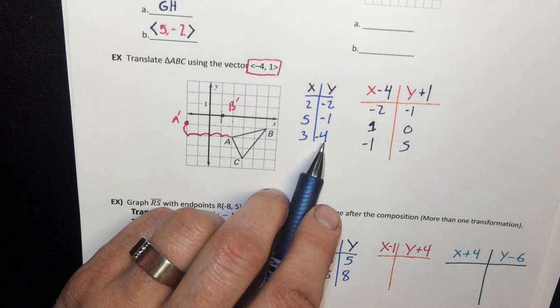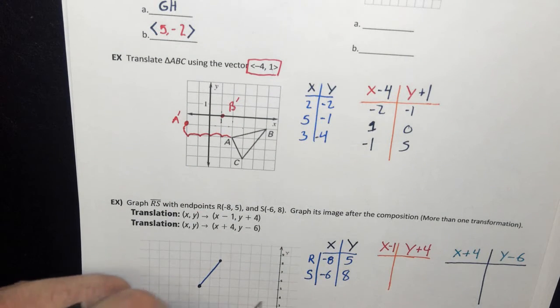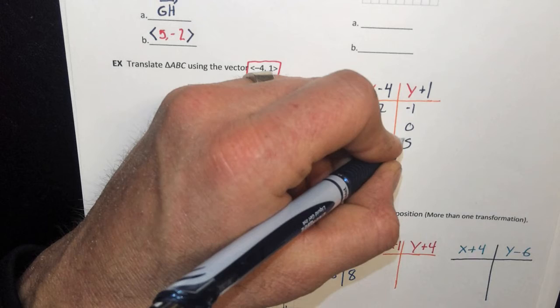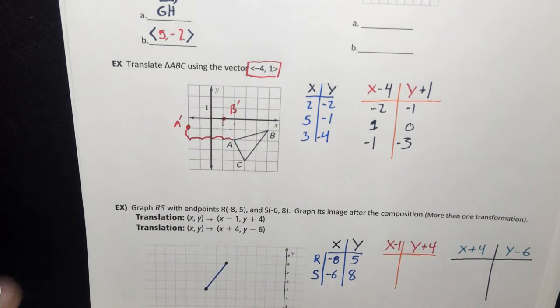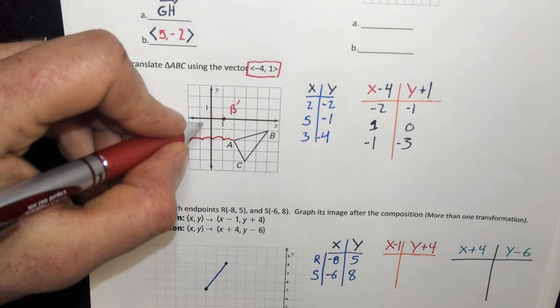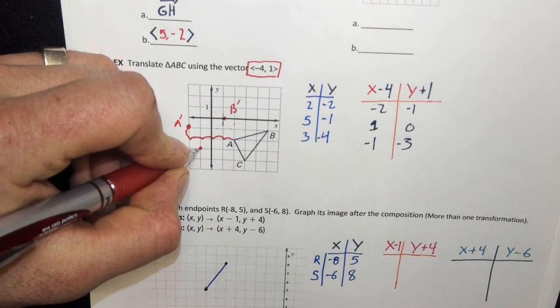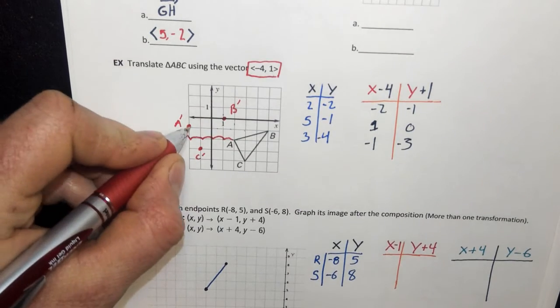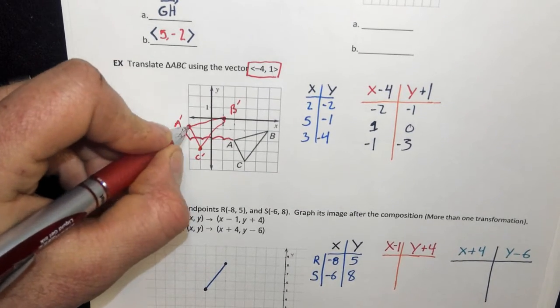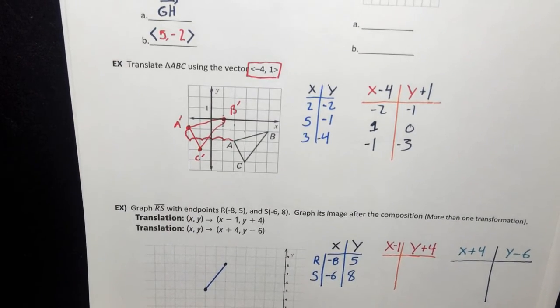Sorry folks, I had missed a negative sign right there, so I'm going to put that in. You can see that the 2 triangles are the exact same size and in the exact same orientation. They haven't changed in any kind of way.